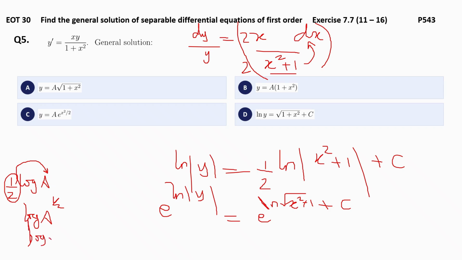This is the concept we used actually for ln as well. So e raised to. Now what happened? The e's get cancelled, so it becomes y is equal to. Also this e power c we can rewrite as a constant c. So the answer is root x squared plus 1, which is nothing but option A.